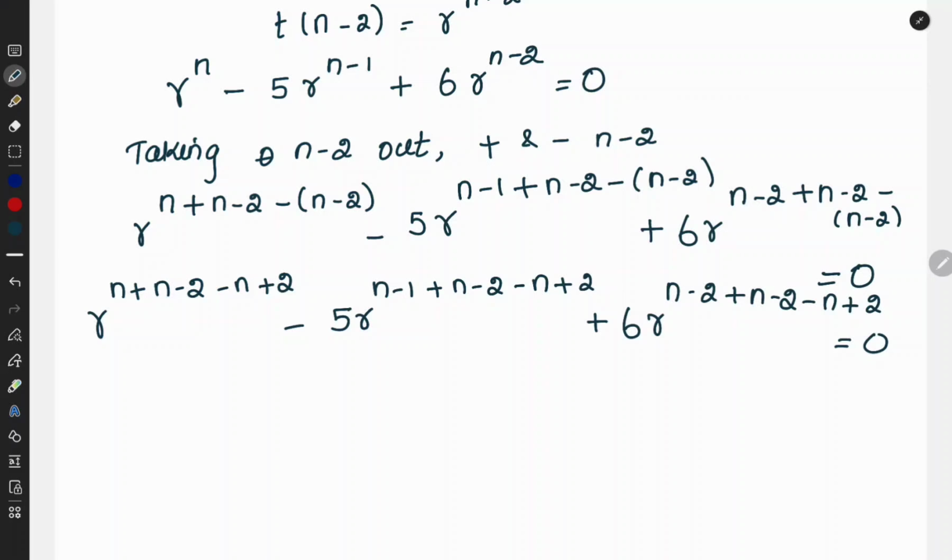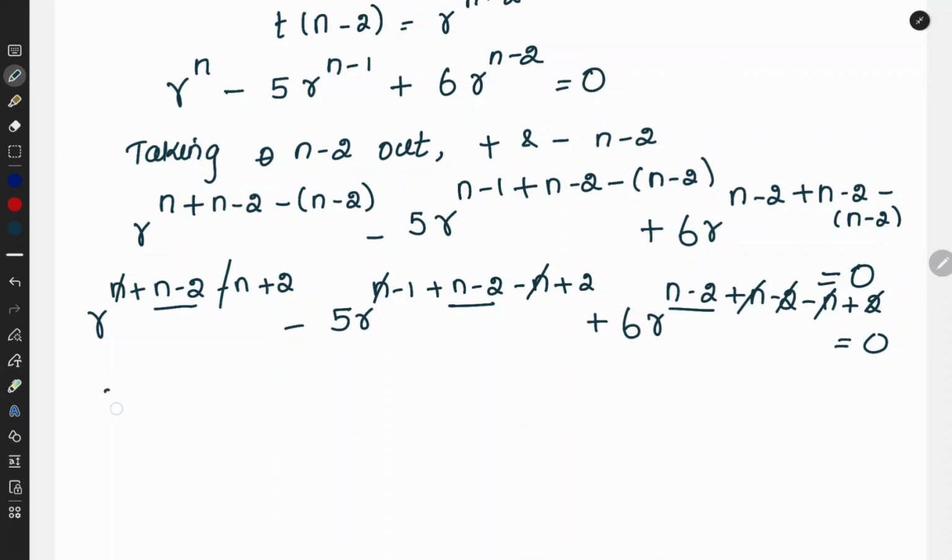Before that we take n-2 outside as common. The plus n-2 and minus n-2 get cancelled, and n and minus n will also get cancelled.